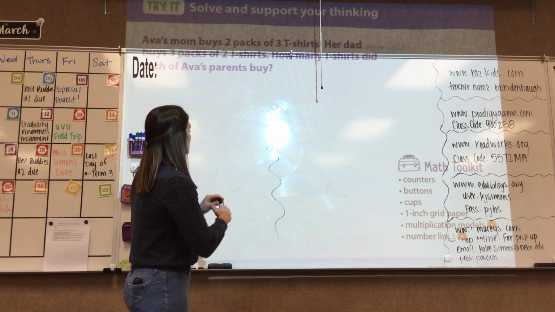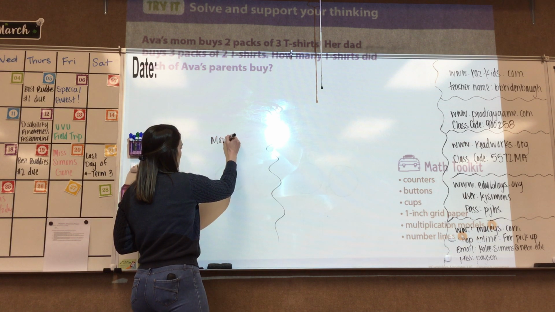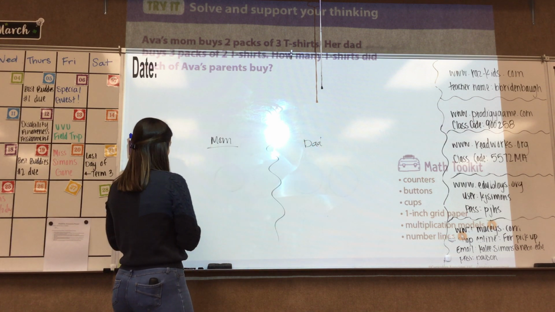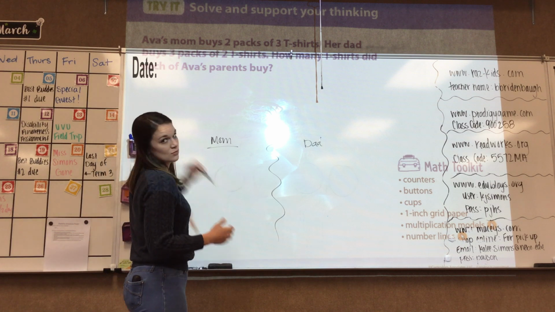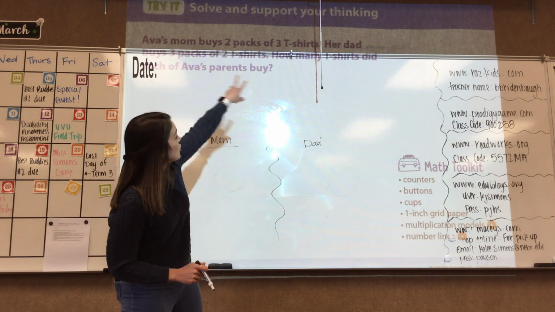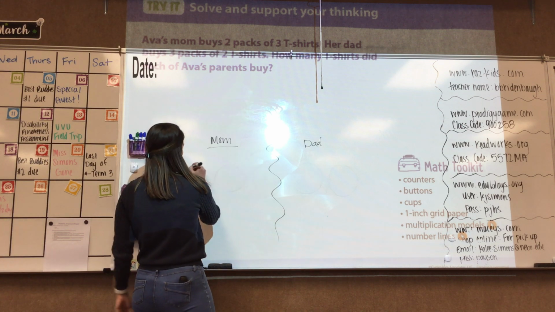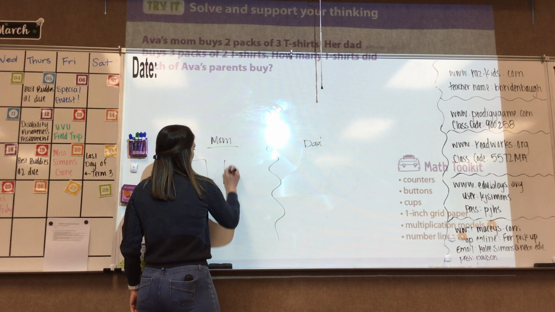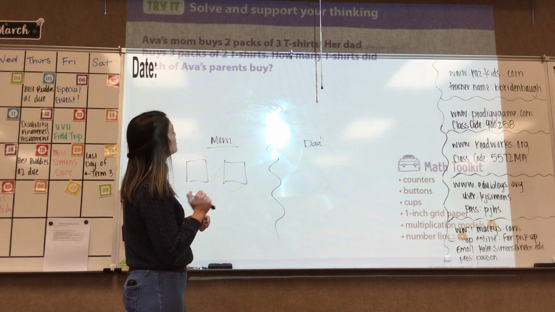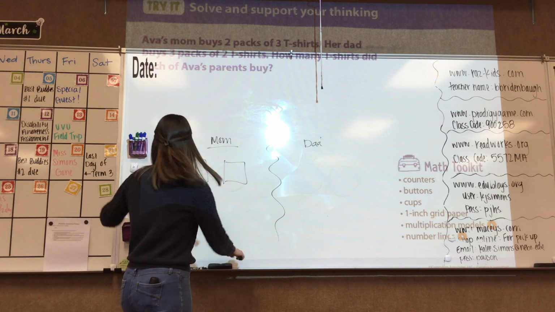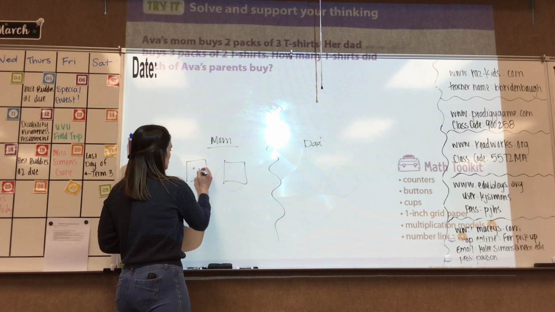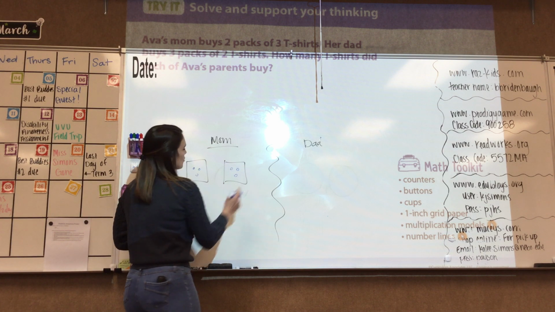Okay, so here's her mom and dad. We'll get through all of these eventually. Okay, we know that mom bought 2 packs of 3 t-shirts. So here's 2 packs. And how many t-shirts are in each pack? We say 3. 3 t-shirts in each pack. 1, 2, 3, 1, 2, 3.